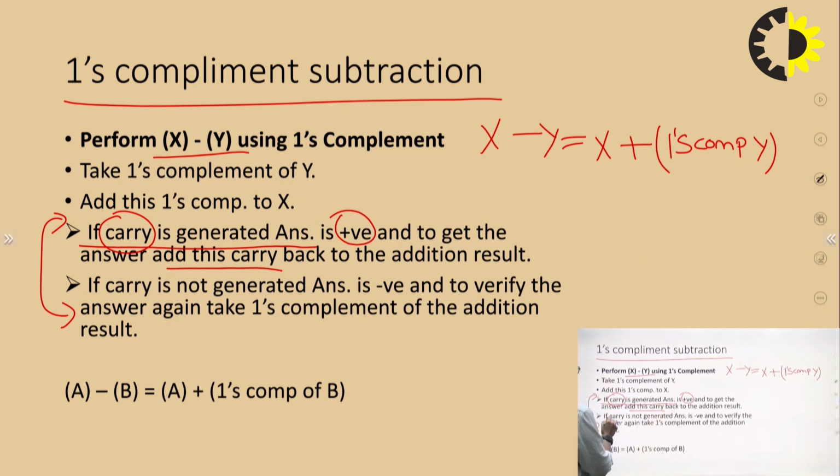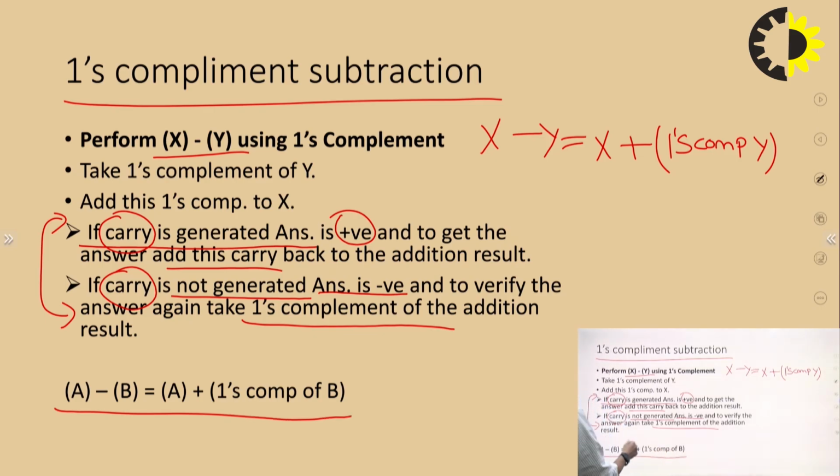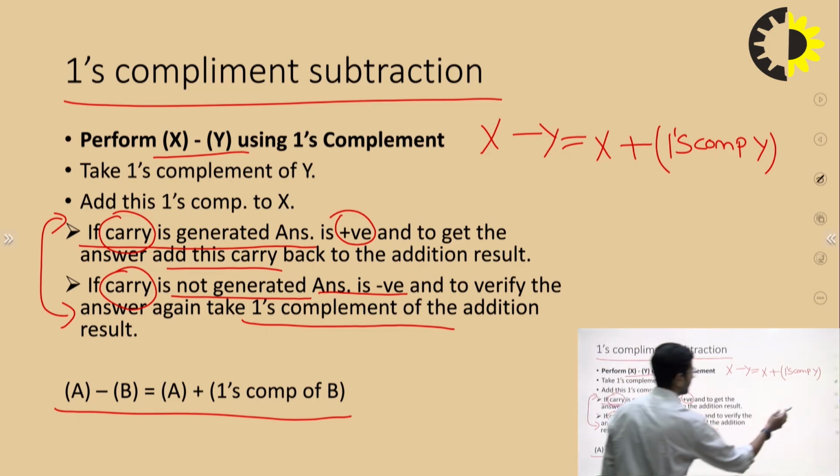Second point, if carry is not generated, answer is negative. That means to get the original answer we have to again take the ones complement of the answer. This is the same thing that I discussed earlier: a minus b can be written as a plus ones complement of b.